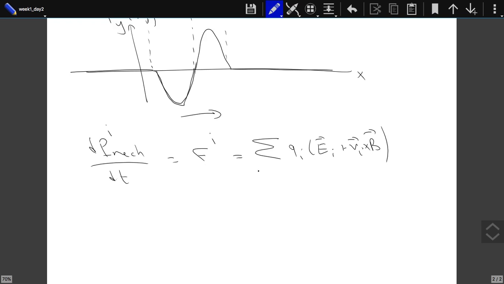Or we can convert it to an integral. This will be equal to the volume integral of rho times E. Q times the velocity is nothing but the current density, plus J cross B. Of course, we are looking at the i component.